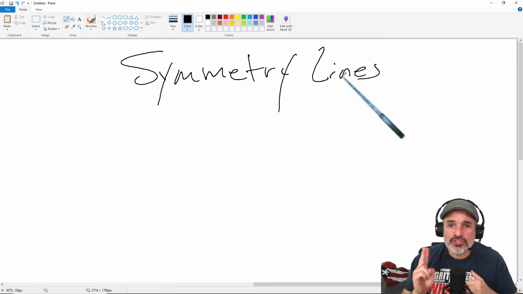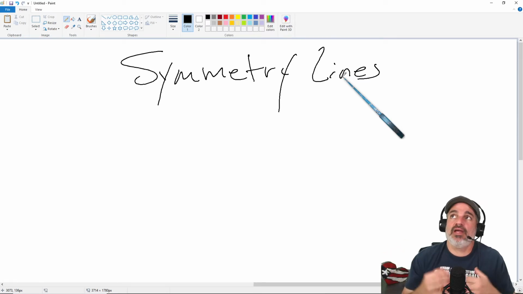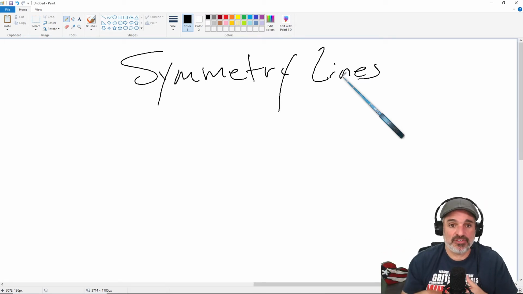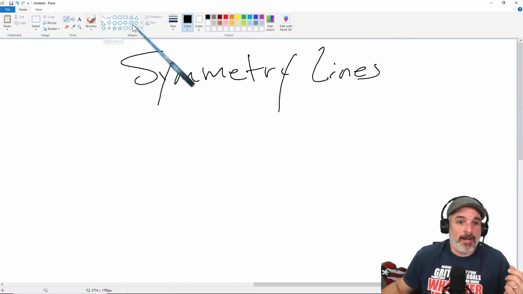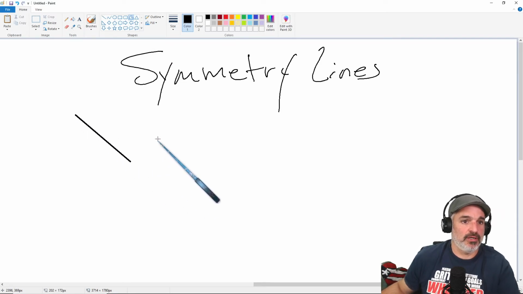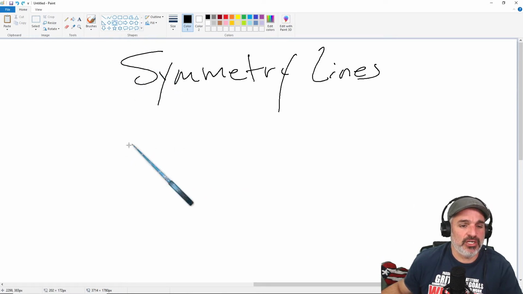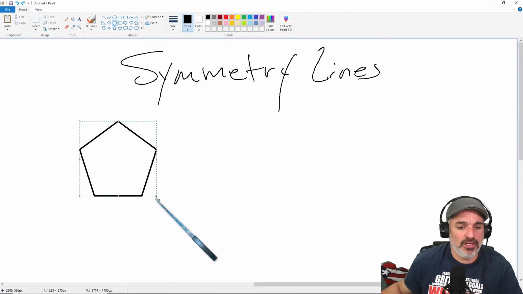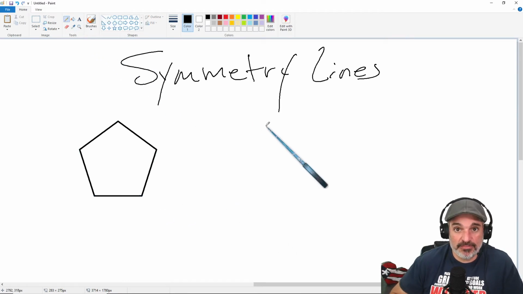So there are two main ways that you can be asked about symmetry lines. The first one is, they're going to give you a shape like this, and they're going to ask you, does that shape have symmetry or symmetry lines?